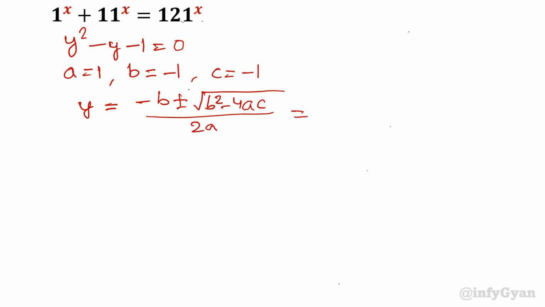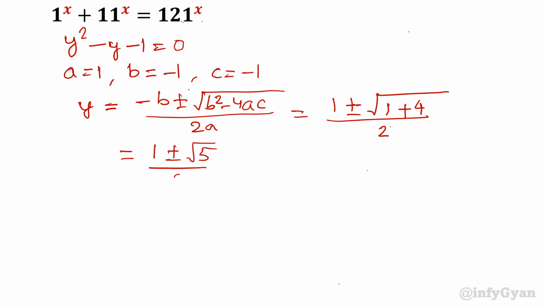Let me put the values. So minus b is minus of minus, plus 1, plus minus square root 1 plus 4 over 2. So the value will come out 1 plus minus square root 5 over 2. So the values are 1 plus root 5 over 2, and 1 minus root 5 over 2.